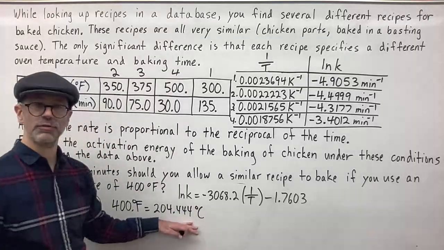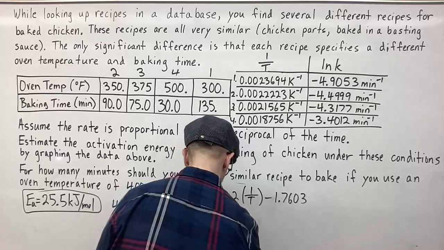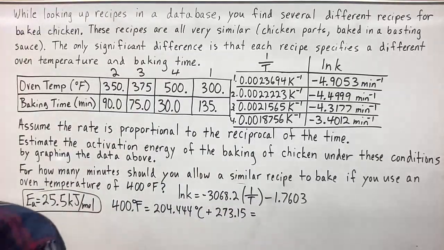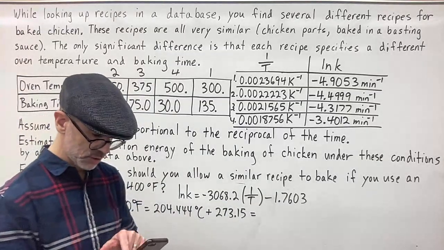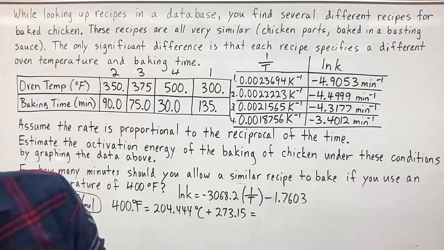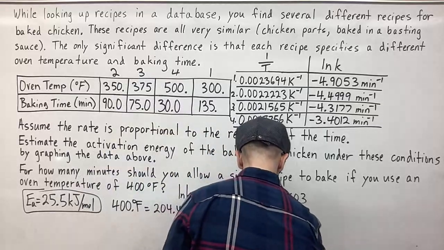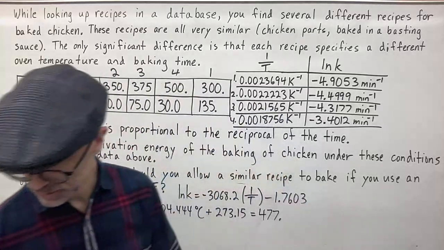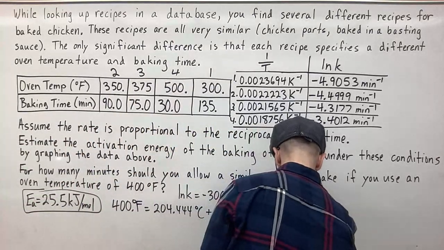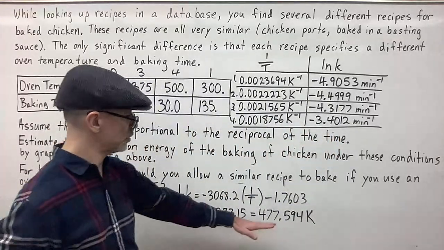And then to convert that to Kelvin, I'm going to add 273.15, equals, and that's 477.594 Kelvin. Okay, so now I have the temperature in Kelvin.